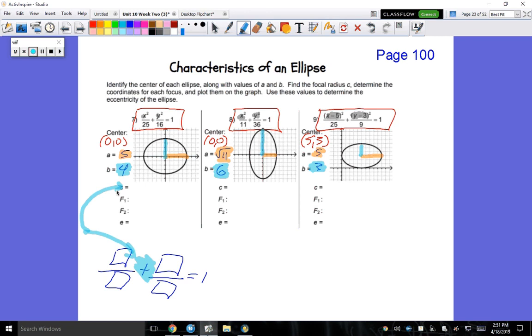With the ellipses, it's all about which number is bigger. Look, this one's bigger. That's why it's a horizontal ellipse. This number is bigger, and it's with the Y. That's why it's a vertical ellipse. So this number is bigger. It's with the X. So size matters on this ellipse. And that's the way I kind of want you to memorize that.